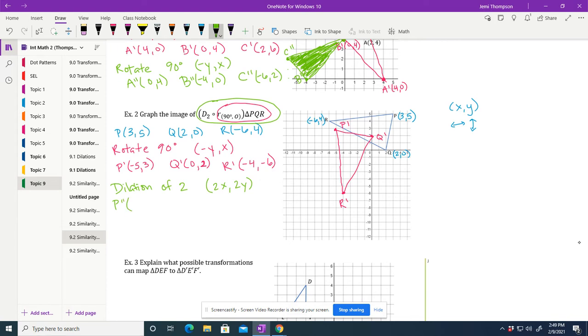So I've got negative 5 comma 3. I'm going to take negative 5 multiplied by 2, 3 multiplied by 2, and I get the point negative 10, negative 6. Nope, negative 10, positive 6. Oop, and I only went up to 5 on my graph, so I'm just going to estimate where that would lie.